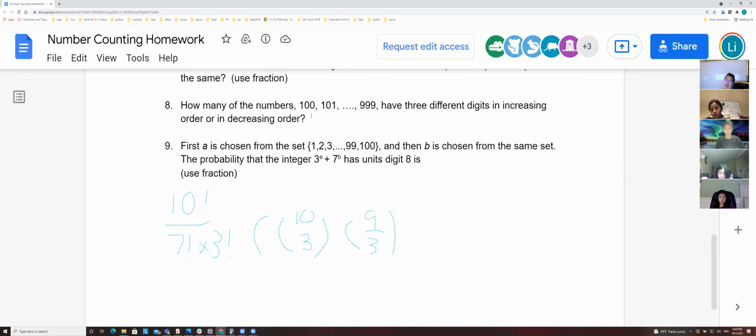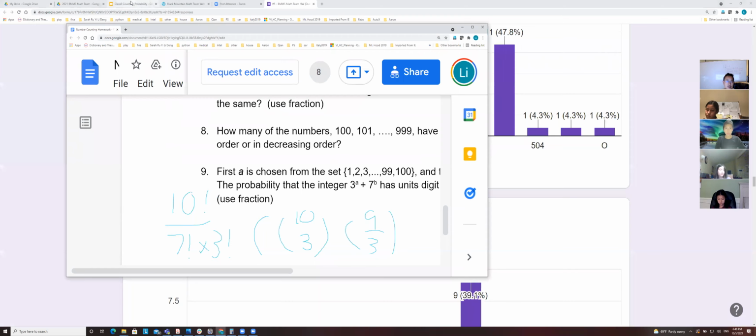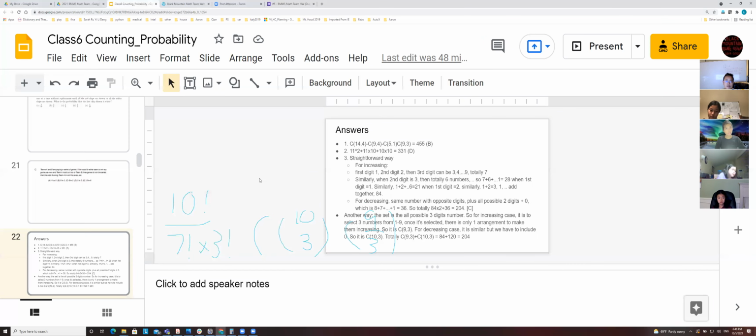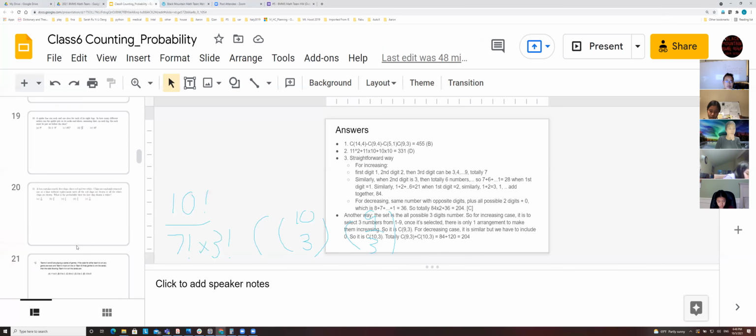There might be other ways too. I can probably share just a little bit on this problem, because not many chances we can think about this way. Okay. Can you explain 8 again?